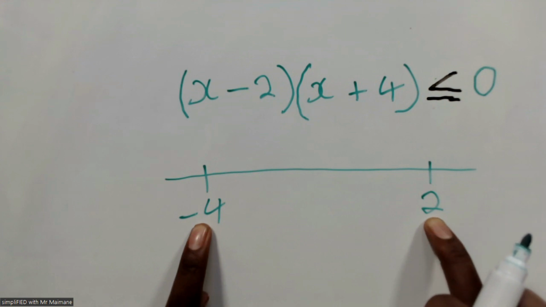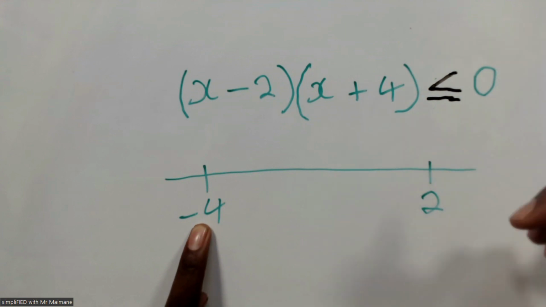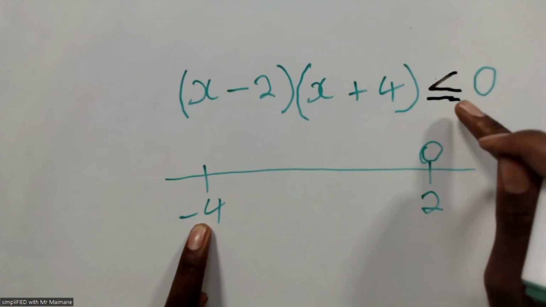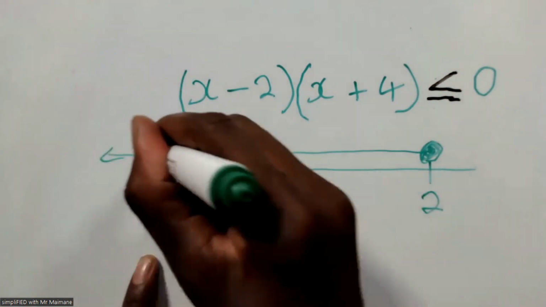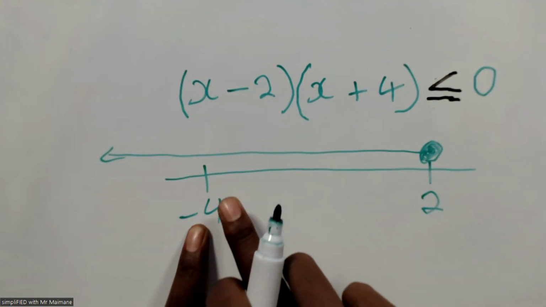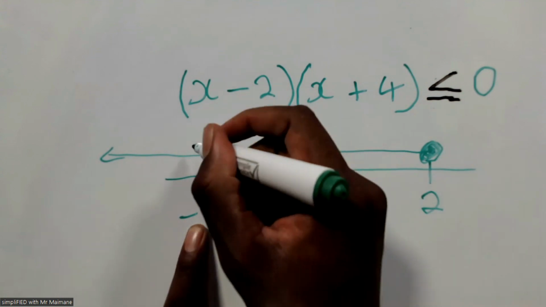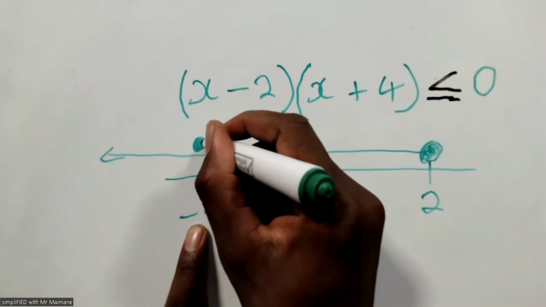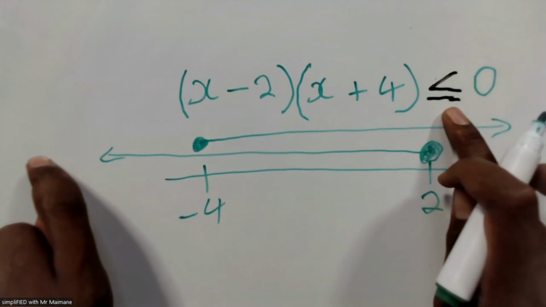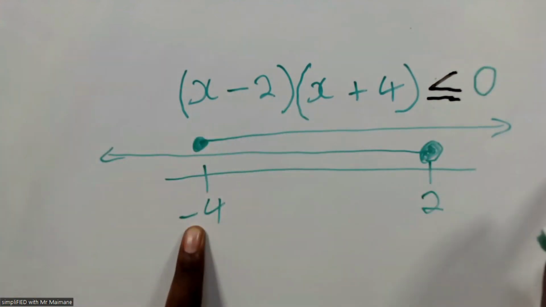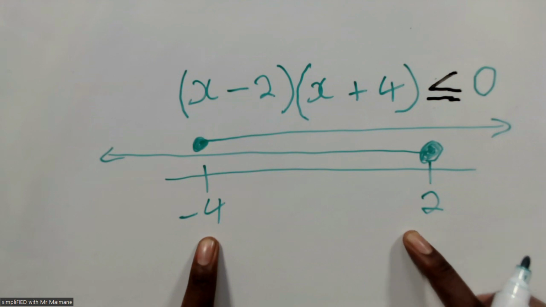And the rule states that the bigger number takes the sign as it is. So 2 is going that way. And then the smaller number opposes. So if 2 goes that way, the smaller number also will shade. It goes to the opposite direction. So the original one goes to the direction of the sign, and then the smaller number opposes the direction. That's just the rule you use to get the solution.